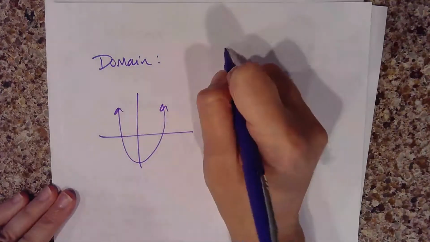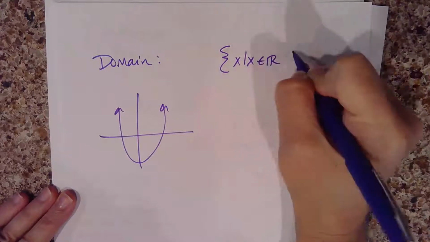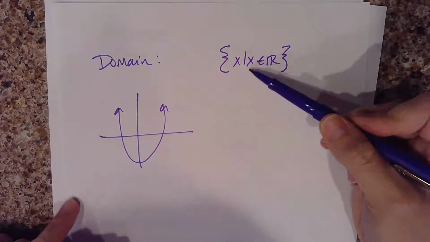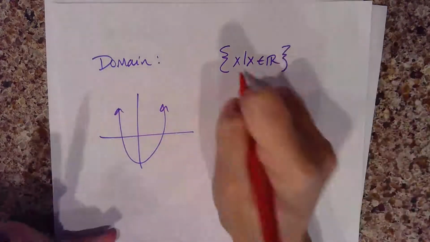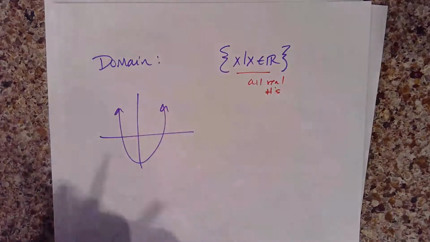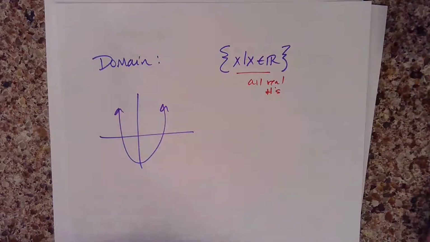So again, you're going to use set notation like this. In other words, it means the set of all x's such that x is an element of the real number system, aka all real numbers. I do want you to get in the habit, even if you're not in honors, to get used to set notation. You'll be using it later on this year, but if you're not there yet, that's fine.